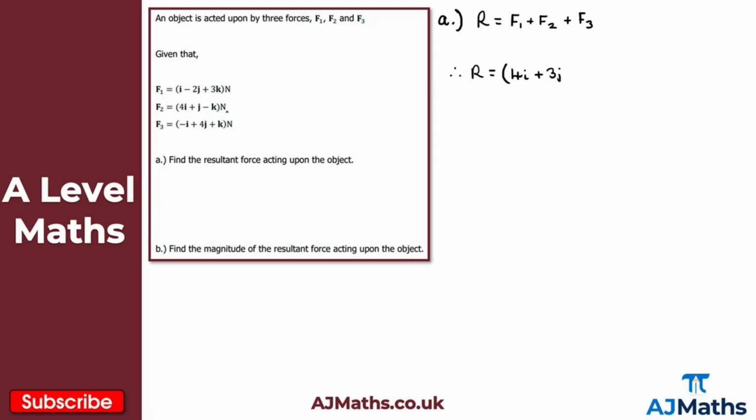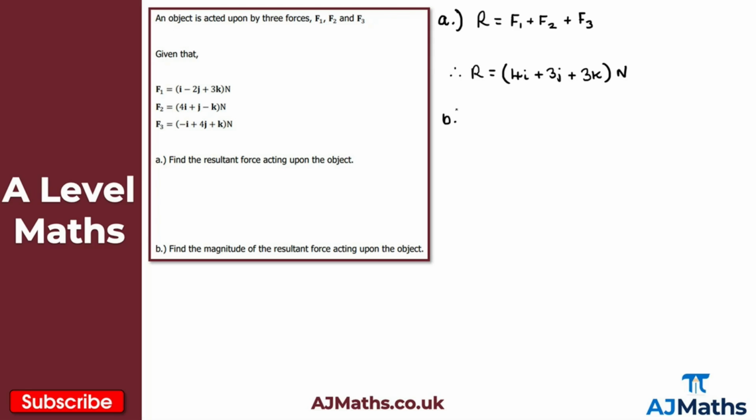And then finally for the K component, we've got 3k minus k, so that's 2k, plus k would give me plus 3k. Obviously don't forget this is a force, the resultant force, so we need our units of newtons. And like you can see, it's as easy as that for part A.